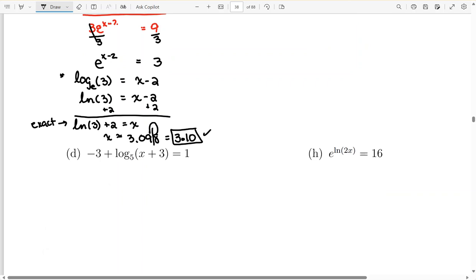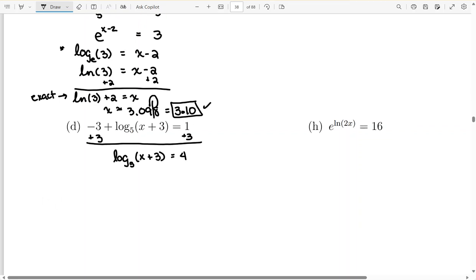For letter D, now we're given a logarithm that we need to get by itself. So the 3 has to move to the other side. So I have log base 5 of x plus 3 equals 4. Once the logarithm's by itself, we undo a logarithm as an exponent. We rewrite it as an exponent.